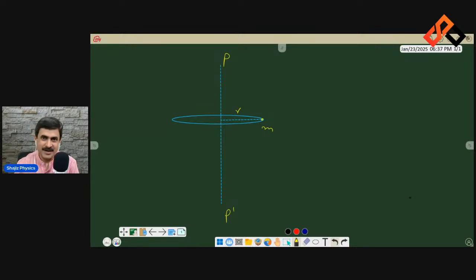In a similar way, when we are dealing with the concept of rotational motion, the rotational analogy of inertia is called moment of inertia. And the rotational analogy of force is called torque. These are the equivalent quantities, similar quantities happening in translatory motion and in rotational motion.